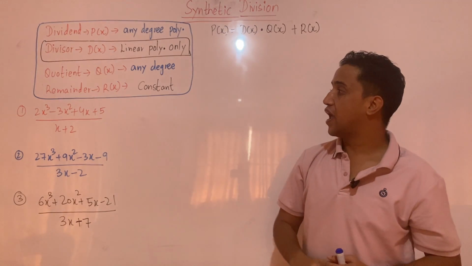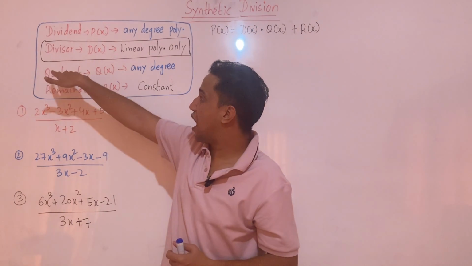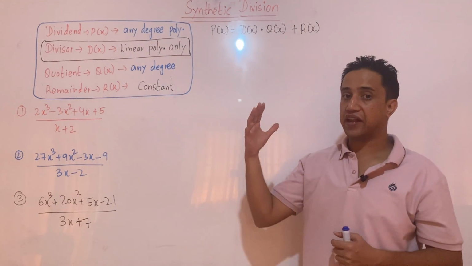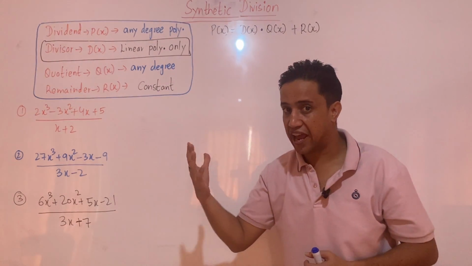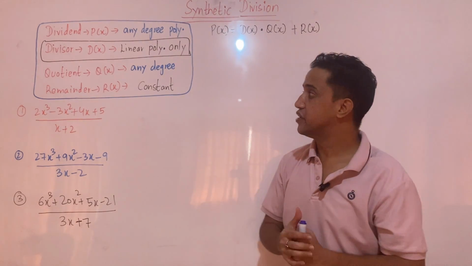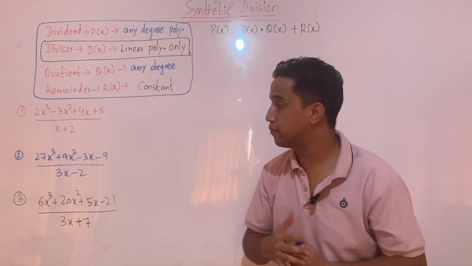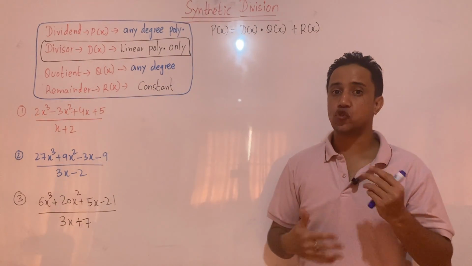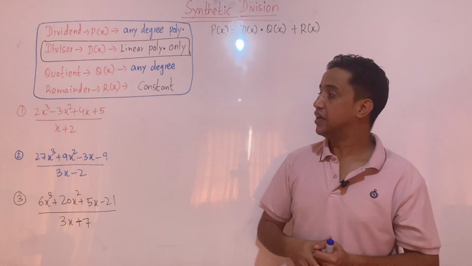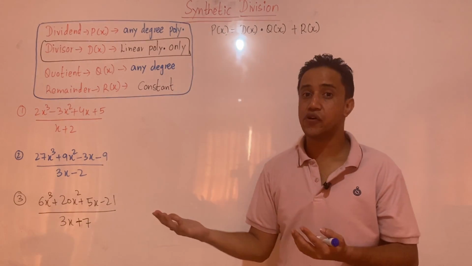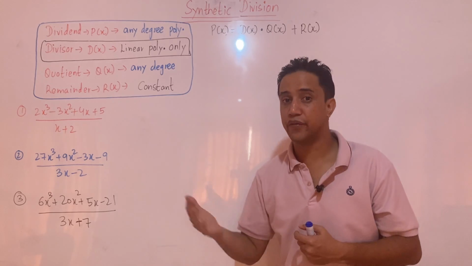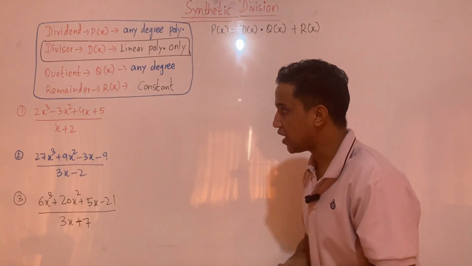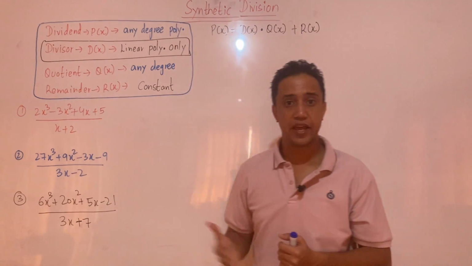The quotient is the number that you get as your answer after the division is performed. And the remainder is the leftover, which may be 0 or may have some other numerical value. The terminology is the same here.